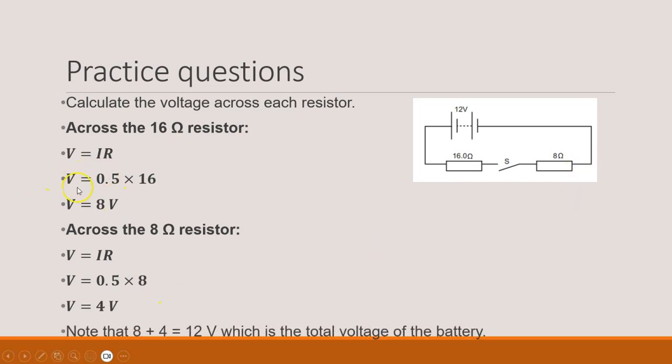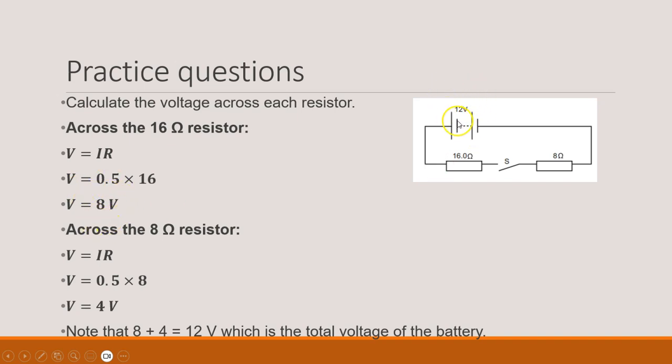Note that if we add the 8 volts and the 4 volts together, we get a total voltage of 12 volts, which is the voltage of the battery. This makes perfect sense. Also, if we have the total voltage of the battery and we worked out the voltage across one of the resistors, we can work out the voltage across the other resistor by saying Vt equals V1 plus V2.